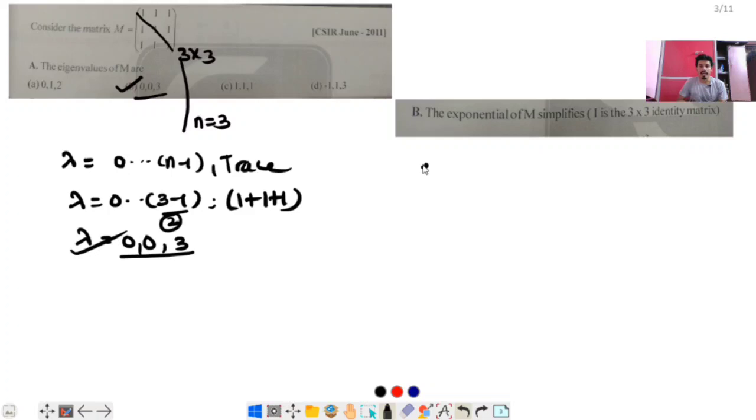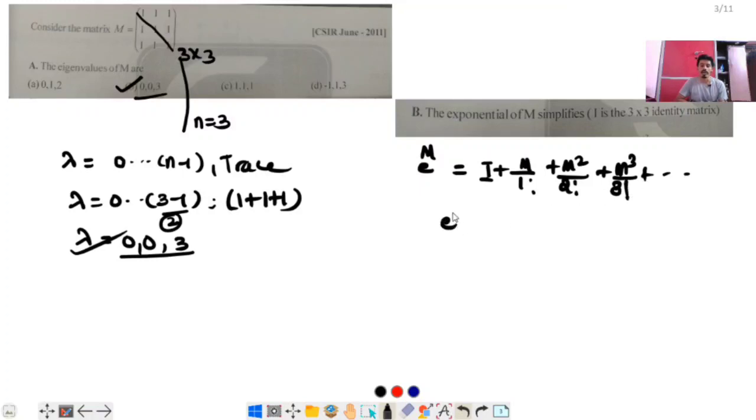Now you will find the exponential of M. e to the M is equal to I plus M by 1 factorial, where I is the unit matrix, plus M square by 2 factorial, plus M cube by 3 factorial, and so on.